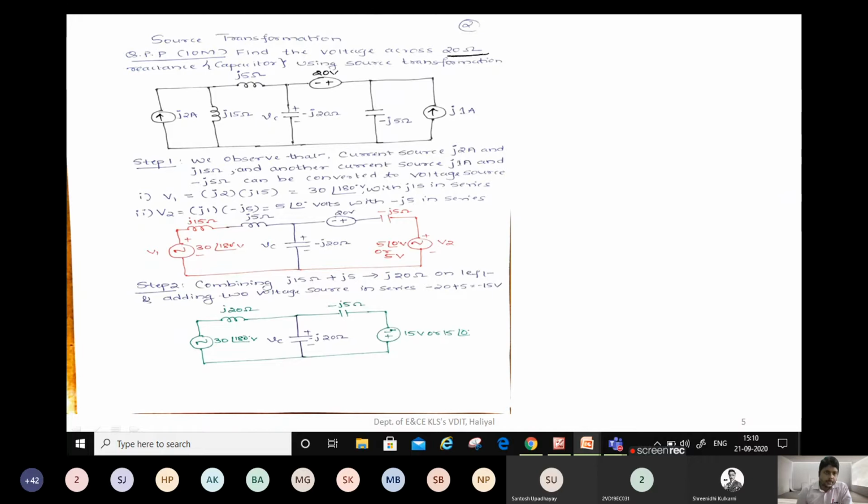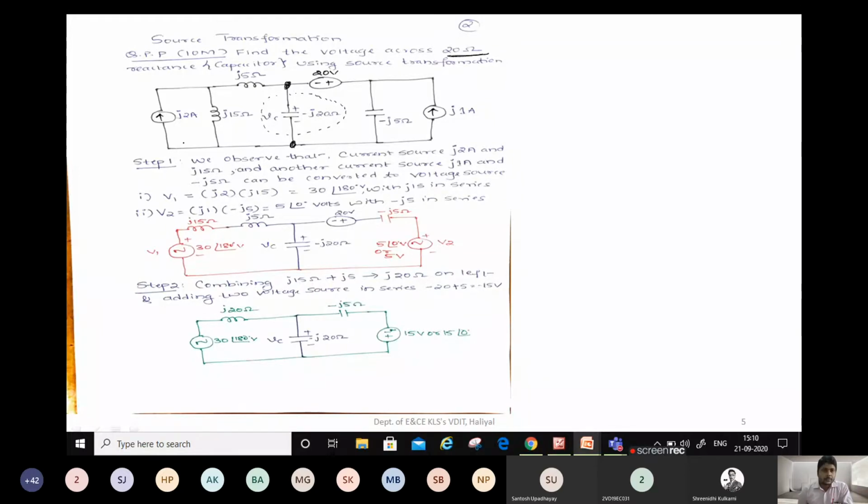That means these two points we should not disturb, because we want the voltage across this capacitor. Whatever transformation techniques you apply have to be carried out with respect to the other elements.